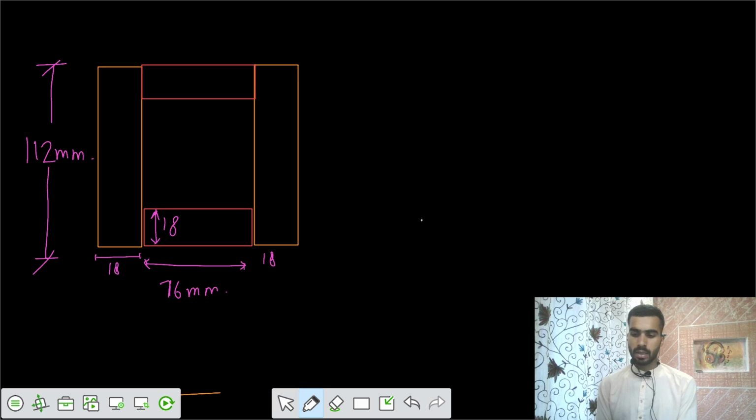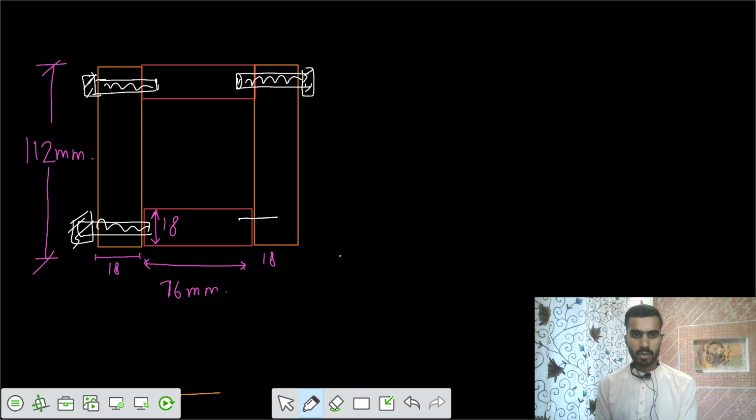So the thing is that you have driven 4 bolts. Let's say if this is 18, the diameter of the bolt is some sort of, let's say 12, 16. Let's say this is the bolt, and from the other side we have the same sort of bolt.